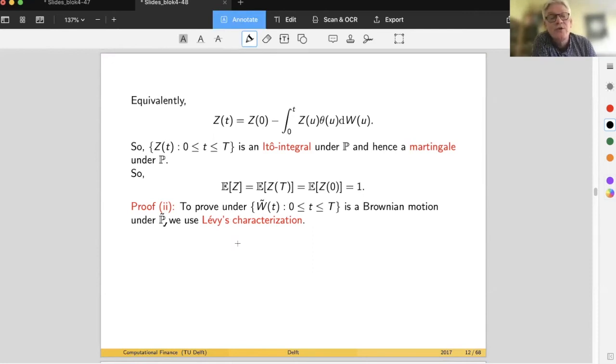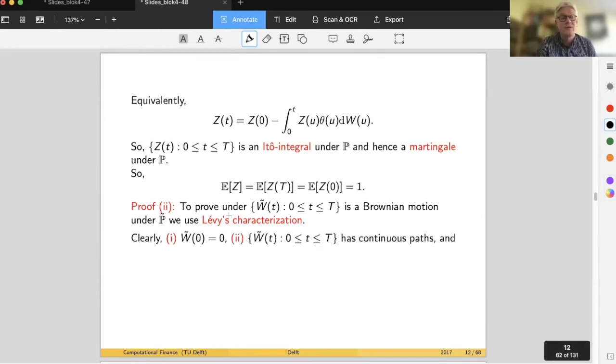So in order for this to be a Brownian motion, it needs to be a martingale, it needs to have continuous paths, and it starts at 0. So first of all, clearly W tilde 0 is equal to 0. That's the first condition in the Levy characterization of Brownian motion.